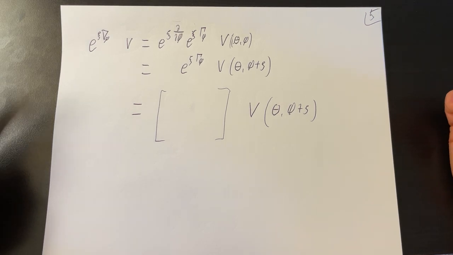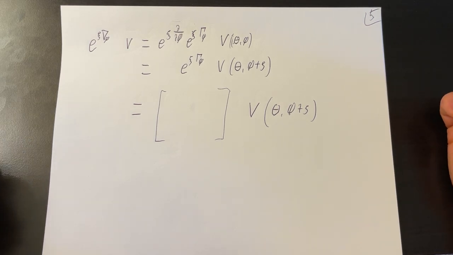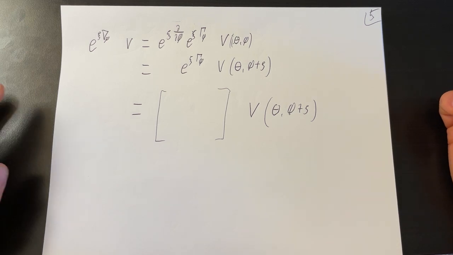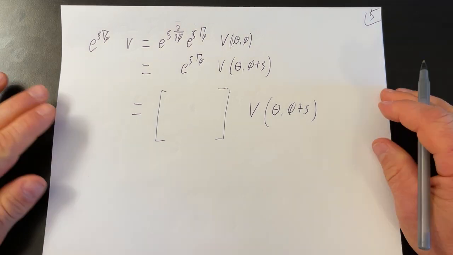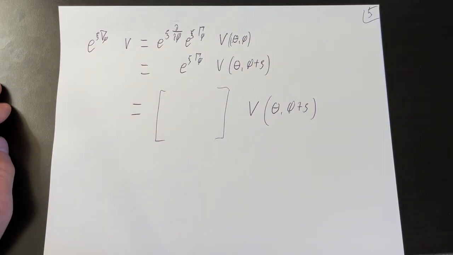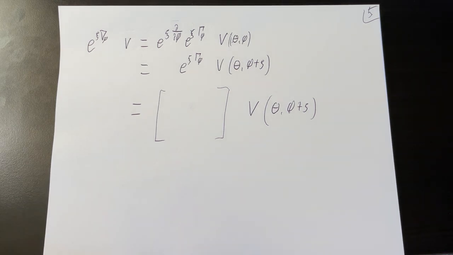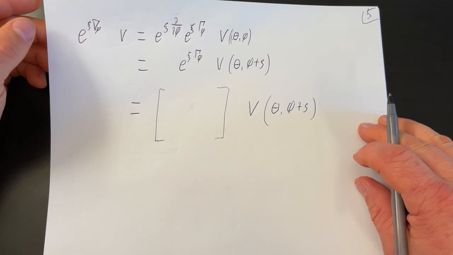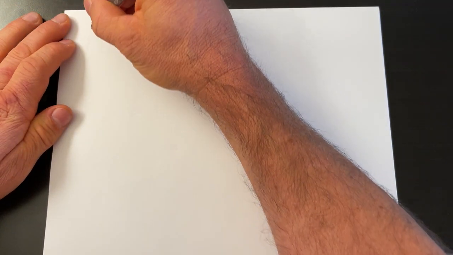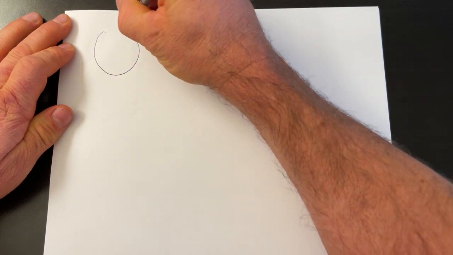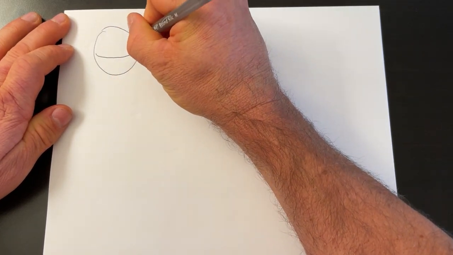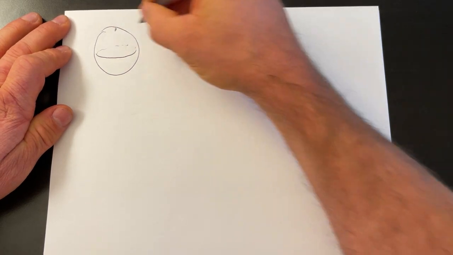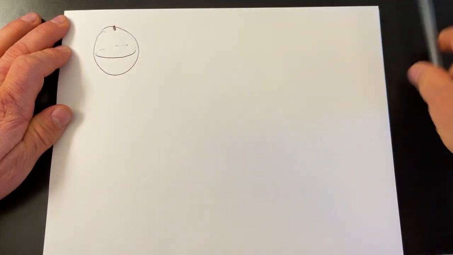All right. So, interestingly, we can keep going with this. Let's see, I would like to draw not the sphere itself, but this is the North Pole.